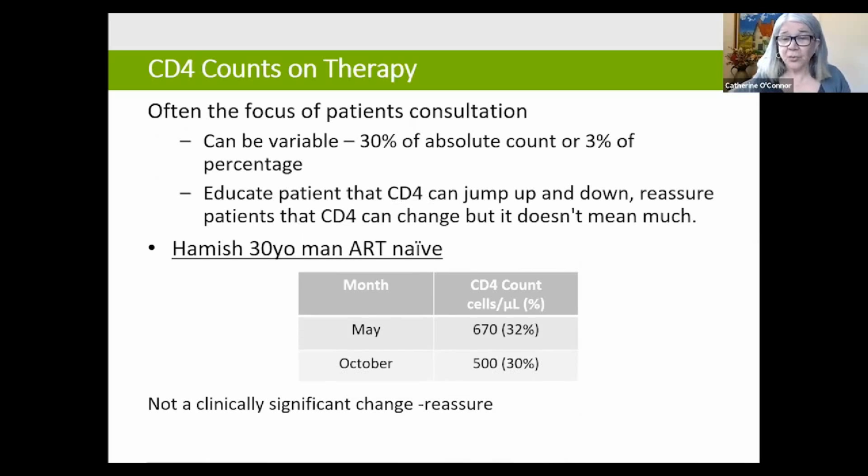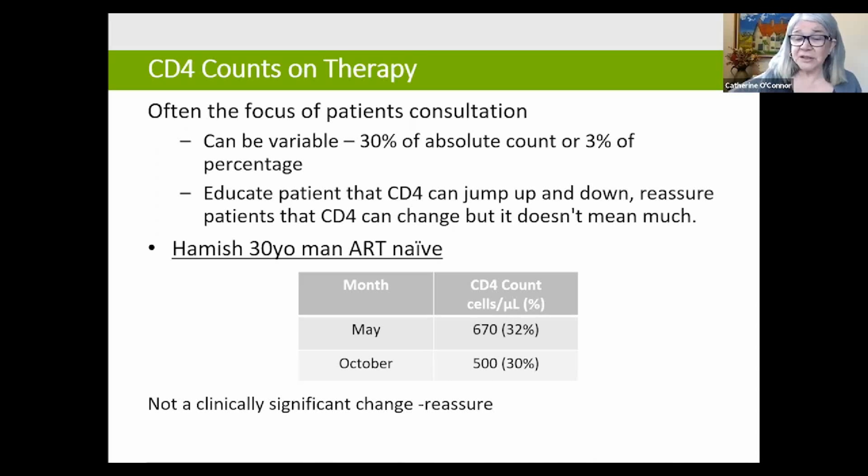So as I said, it can be quite variable, 30% absolute change or 3% percentage. So educate about CD4 absolute count jumping up and down, and reassure patients that a single change doesn't really mean much.